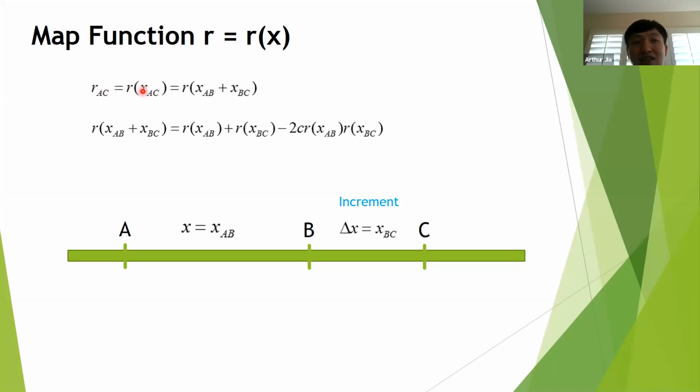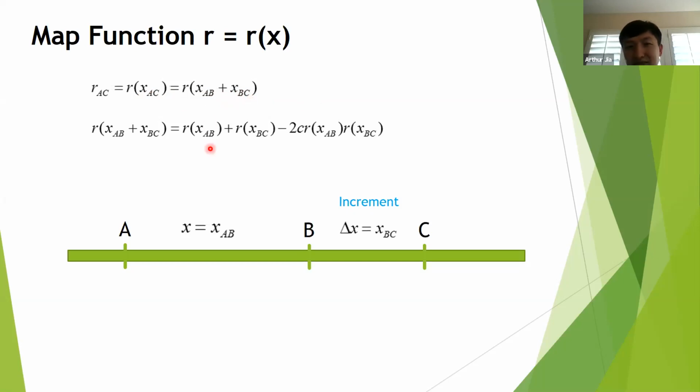R of XAC equals R of parentheses. Because X is an additive measure, we can rewrite XAC into the sum of XAB plus XBC.